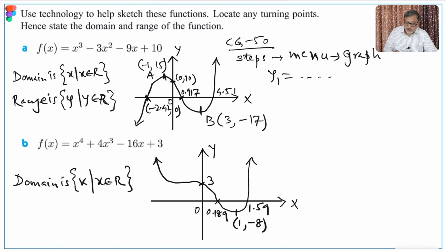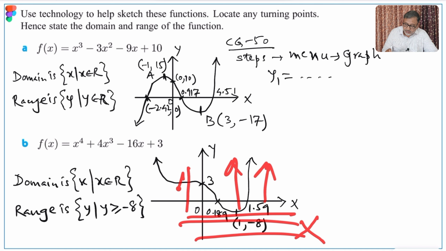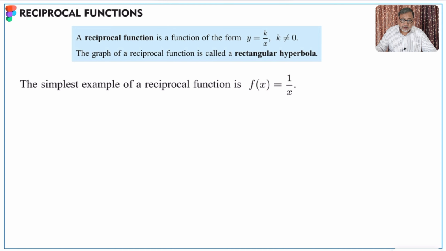So it will not go below negative 8. So the domain is all x values, but the range will be y values greater than or equal to minus 8, because it will not go below that point, it will be above that point everywhere.